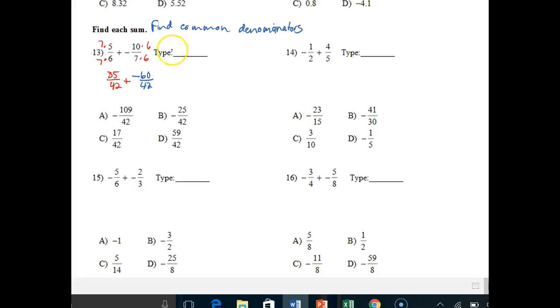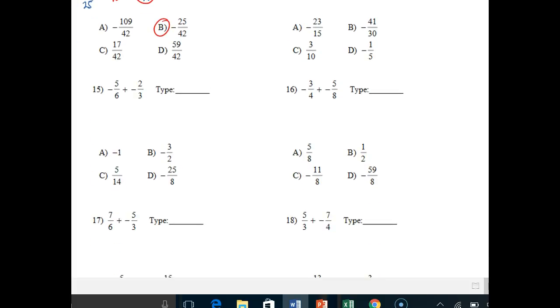So now tell me your type, it's DSSL, right? So the denominator will stay the same, it will be 42. Now you have to say, okay, I have different signs, so I need to subtract. I need to do 60 minus 35. If I do that off to the side, right, I get 25. So my fraction will be -25 over 42 because I had more negatives and less positives. So B is your answer.